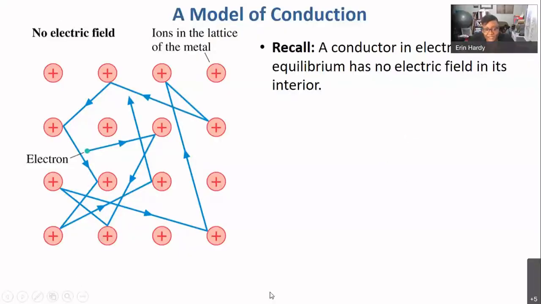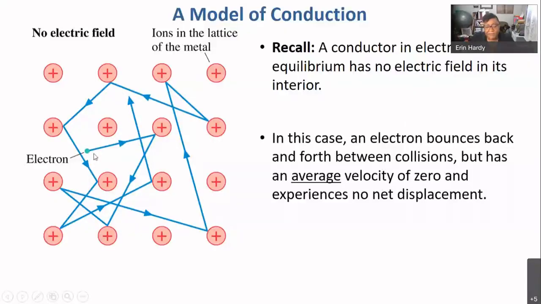But if this conductor is a wire segment carrying current, we know that there is going to be an internal electric field inside of that wire segment or that conducting material. So we can think about what is different about the behavior of this electron when E is not equal to 0, compared to this case here where E is equal to 0.